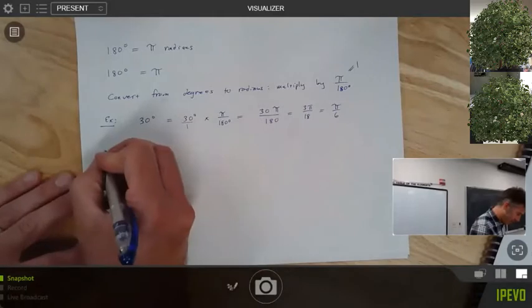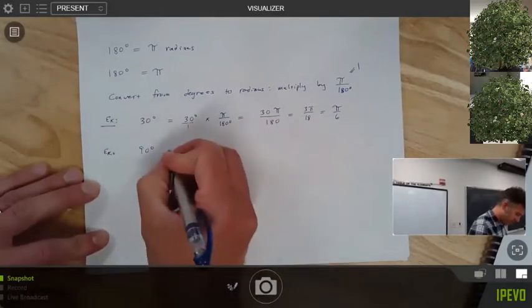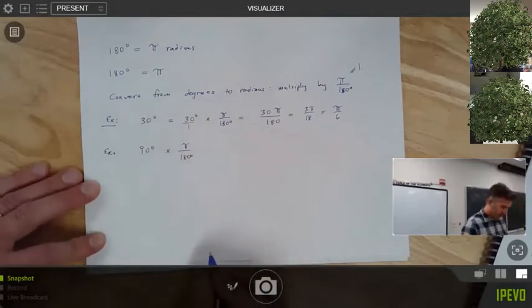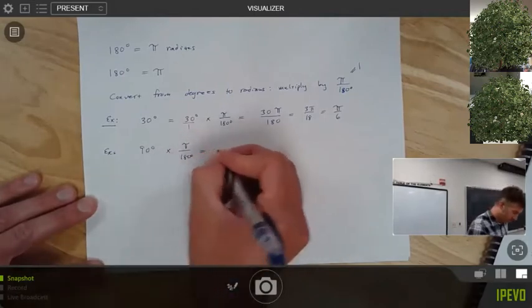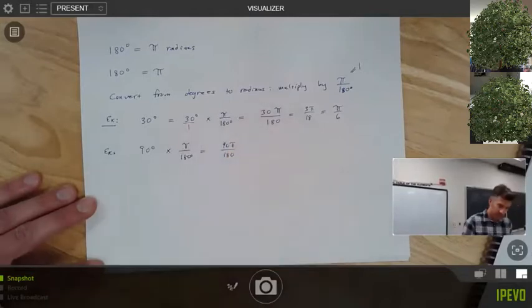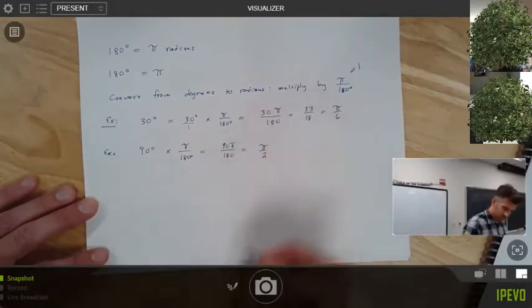And we can keep doing this. We can take 90 degrees. We can multiply that by pi over 180 degrees. And then when you multiply a number by a fraction, that number just goes in the numerator. That's going to be 90 pi over 180. And that's going to reduce to pi over 2.